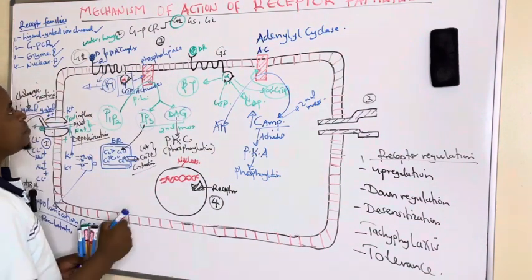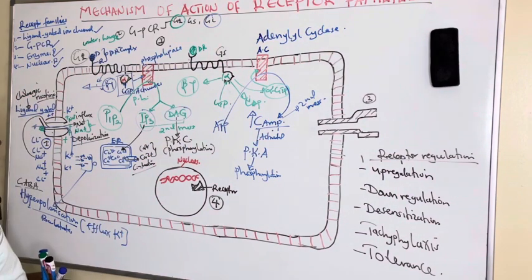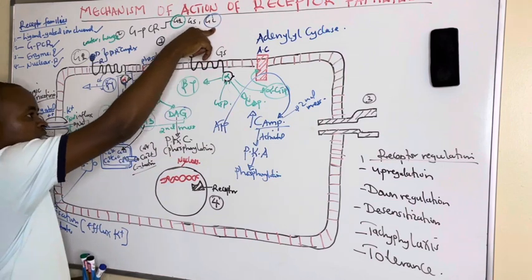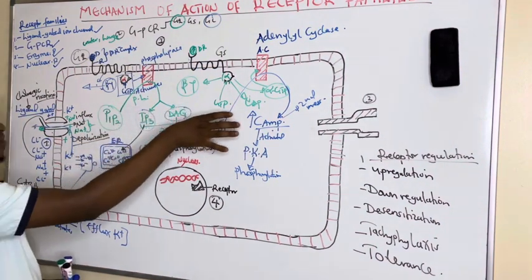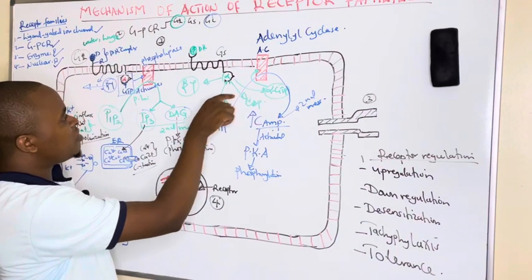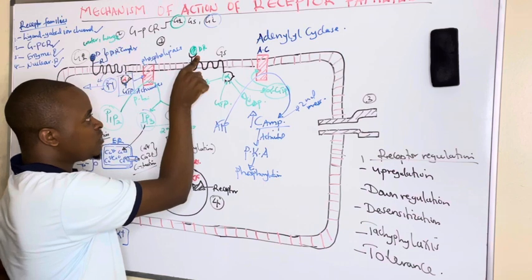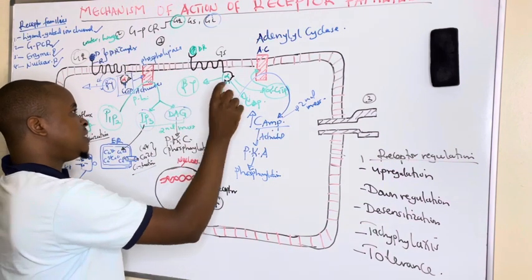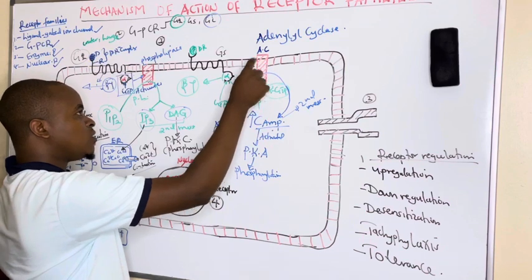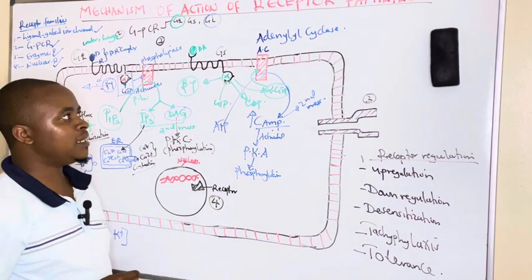Then the last type is G inhibitory. That one is for inhibition, whereby the drug which acts through Gi does the reverse of Gs. When a drug which is inhibitory binds on this receptor, it inactivates, or does not activate, the adenyl cyclase enzyme.